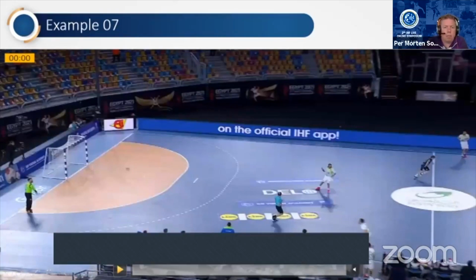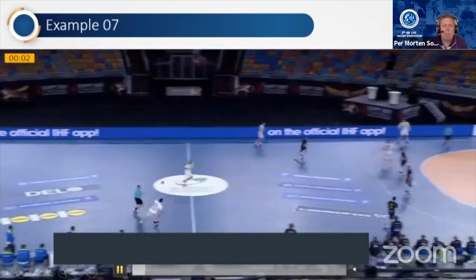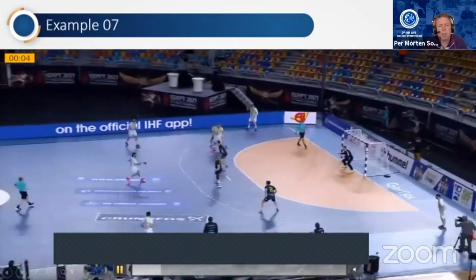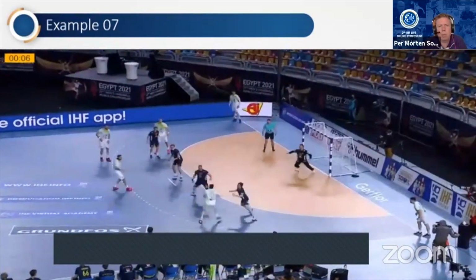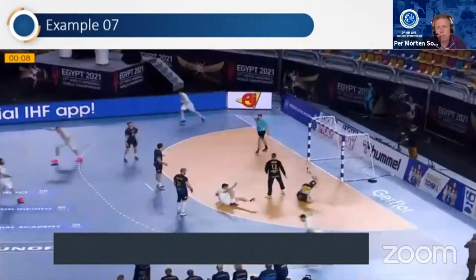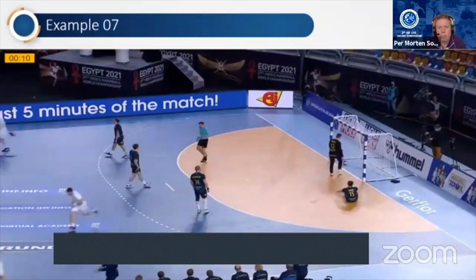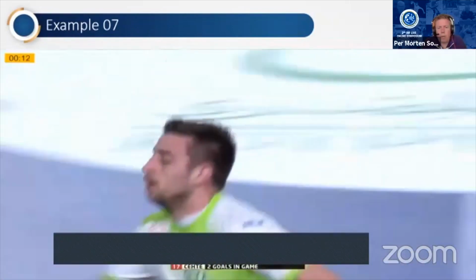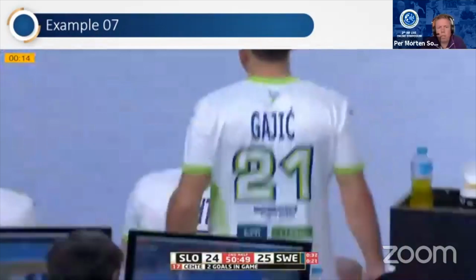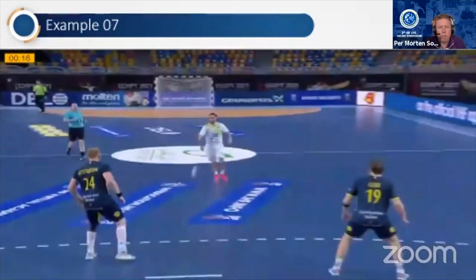Next, more or less the same, but with a clear difference here between the number 1 and number 2 defender again. Advantage and goal as the decision from the referees.